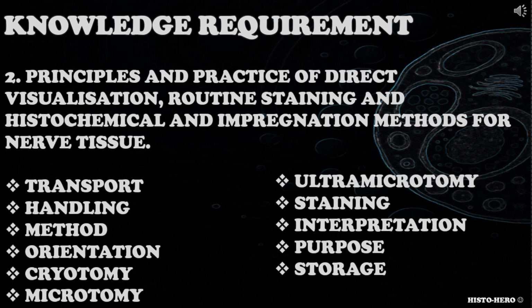What techniques are used in your department? Why are those techniques used? What do they demonstrate? Consider sample transport, handling, method used like freezing, fixation, EM processing, orientation of sample, cryotomy, microtomy or ultramicrotomy, staining techniques used, interpretation of stained sample, purpose of each method used, storage of sample following analysis.